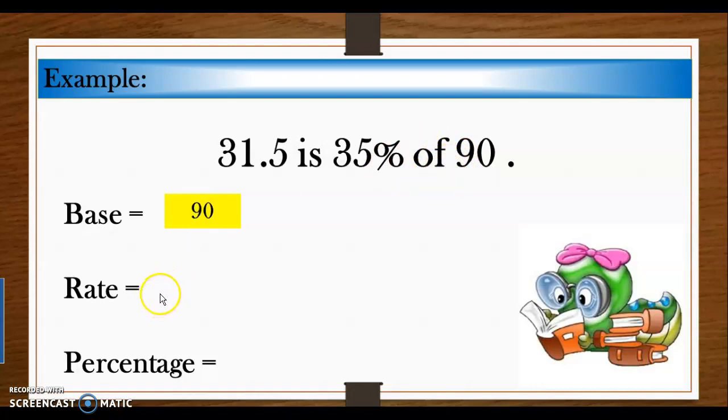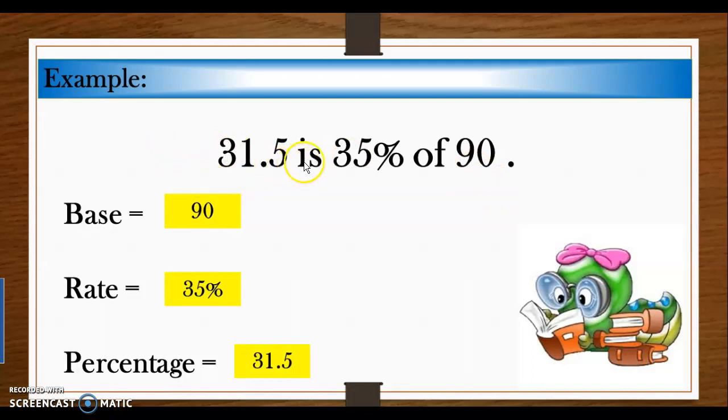Rate, walang paltos, anong tawag doon? Basta lagi meron siyang percent sign. Unless naka-fraction form siya or decimal na form. So, 35%. For the percentage, ano ba yung part ng 90? Obviously, it's 31 and 5/10.